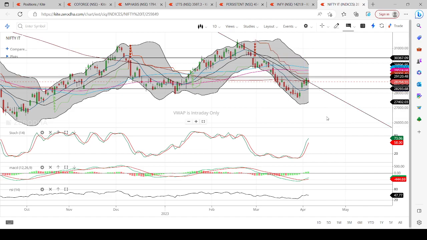Like I advised you earlier, when Super Trend gives a buy signal, the trend will continue the same for a minimum of the next 5 days. Within that next 5 days, we will get results from Infosys, we will get results from TCS, and within 5 days time we will get results from HCL Tech as well as Wipro.